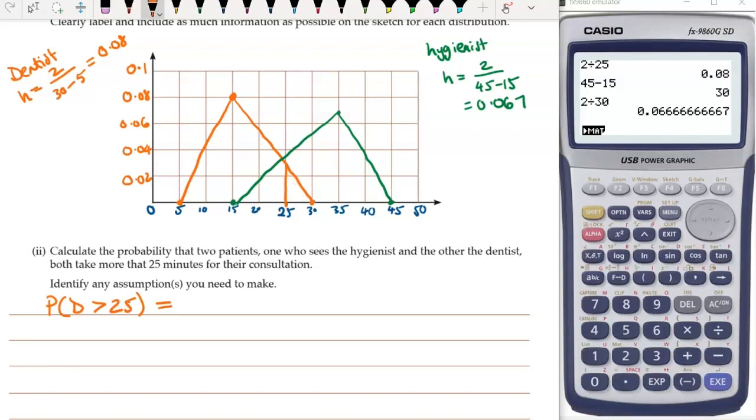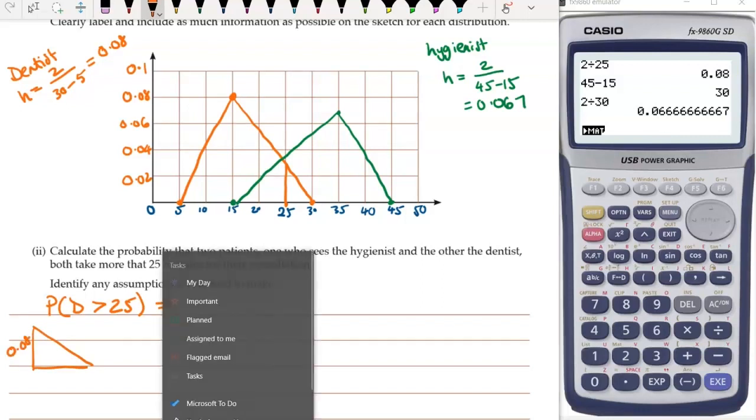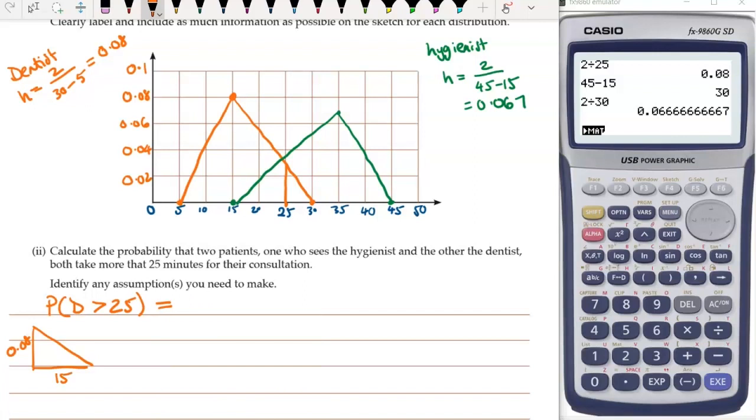Okay, now if this height here is 0.08, we've got a big triangle of 0.08, and a base from 15 up to 30 is 15. Then the small triangle at 25 would have a base of 5. That means that the height must be 3 times smaller because the base is 3 times smaller.